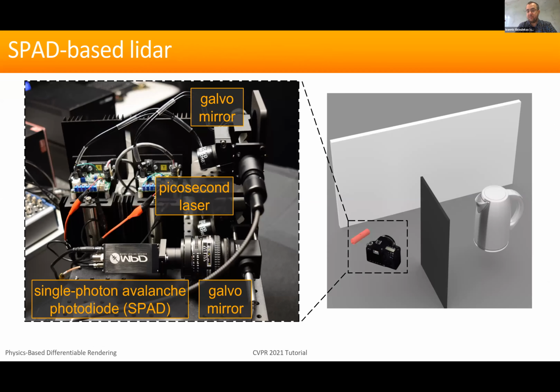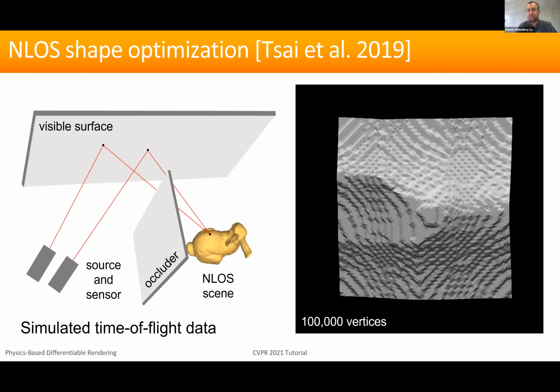So just as a demonstration, here is a setup we built for this problem. It looks a little scary, but it's nothing else but a SPAD-based LiDAR, a LiDAR that uses a so-called single photon avalanche photodiode, a very sensitive sensor that can pick up even very weak signals consisting of a few photons.